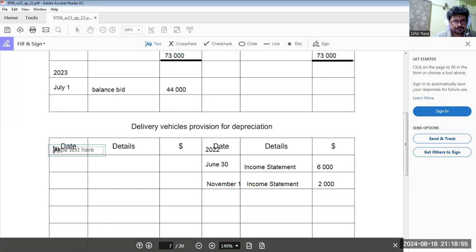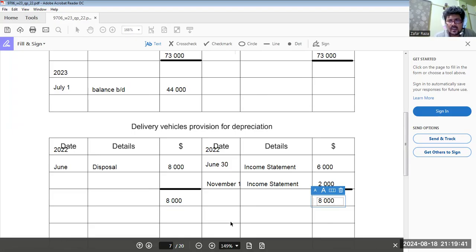So here, but on the same date, we'll transfer it to disposal account, 8,000. Done. So here we have the totals. $8,000 and 8,000. Done.